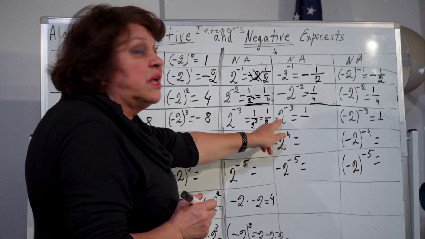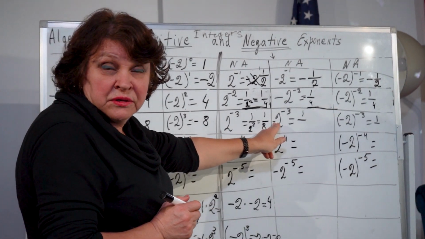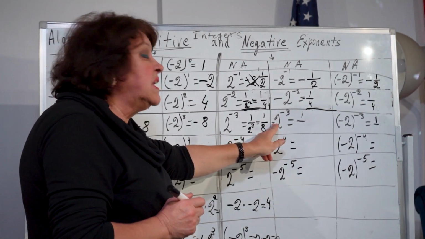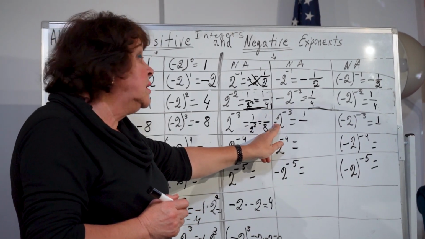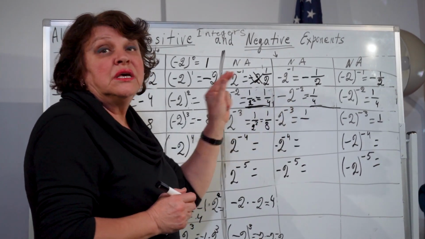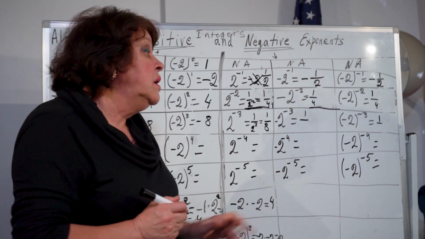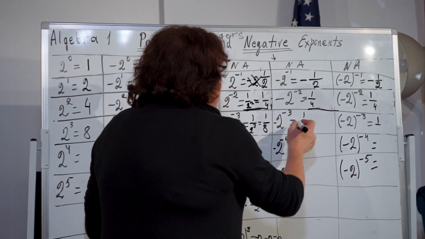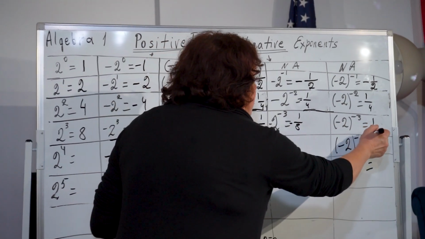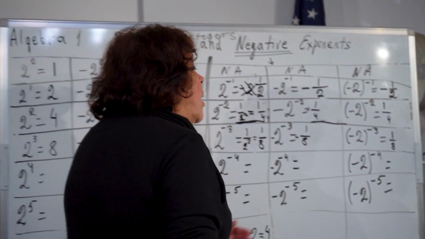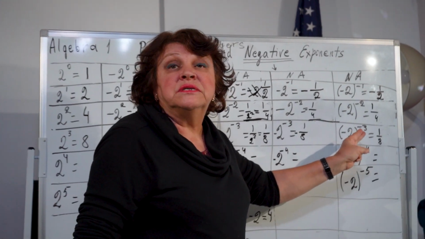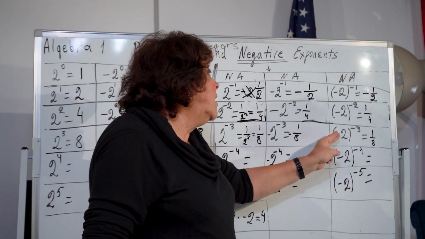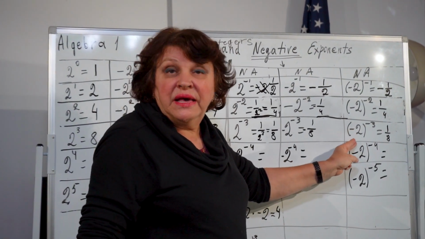Here, because we don't have parentheses, and in this case it does not even matter because the exponent is an odd number. The minute it's odd, the answer is going to be negative, and the denominator is going to be the same, 8 and 8. The hardest part is always the third column when you have a negative base.